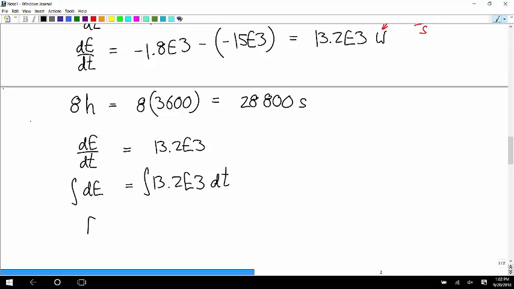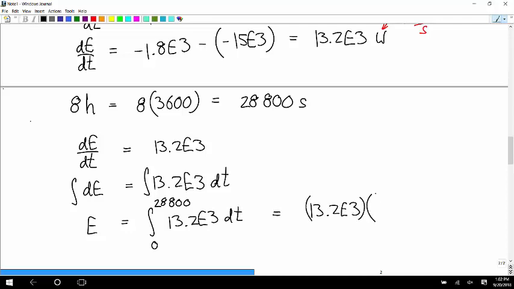And you get that E is equal to the integral from time 0 to time 28,800 of 13.2 times 10 to the 3 dt, and that's 13.2 times 10 to the 3 times the quantity 28,800 minus 0.